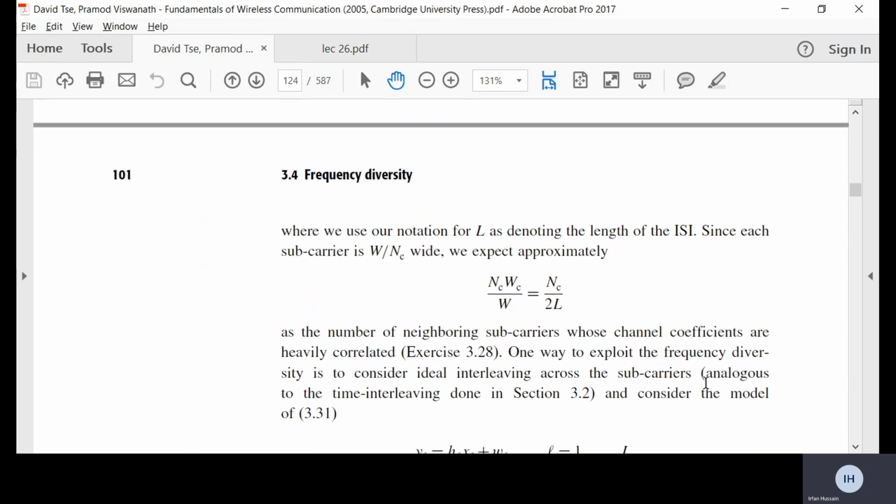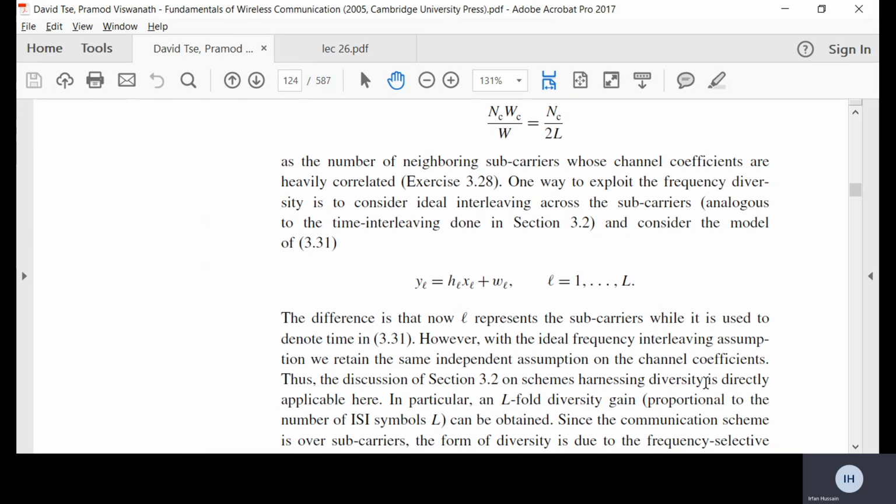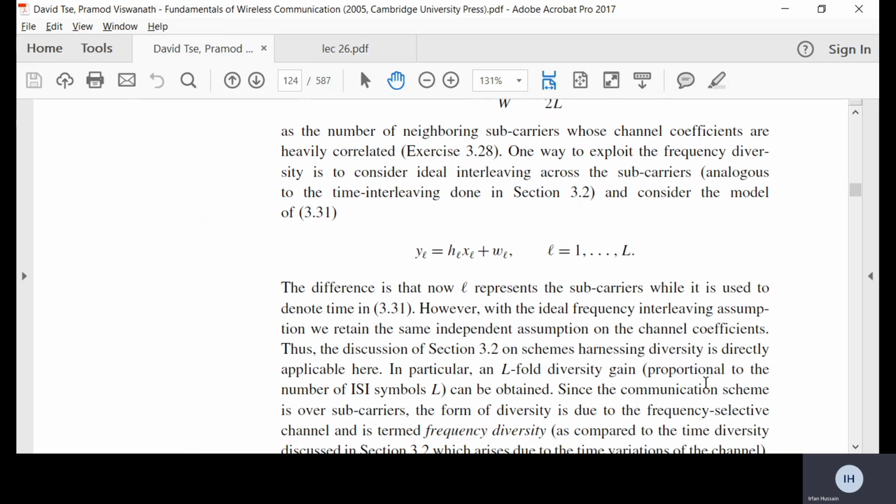Hence, we would again be getting carriers across L different multipaths, so you will have a diversity gain of L. With appropriate frequency interleaving, we place every other symbol into subcarriers which are uncorrelated with the other, and they will be independent.